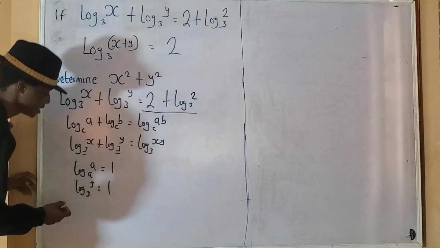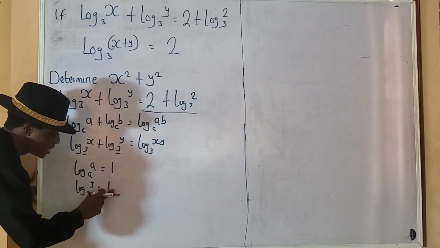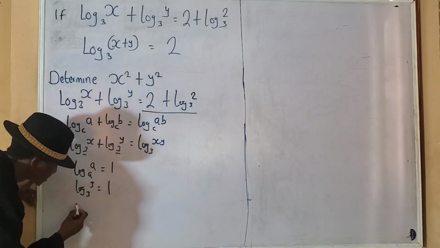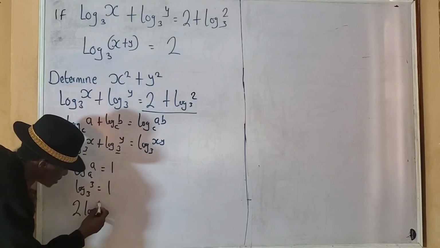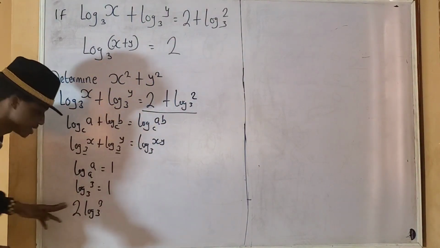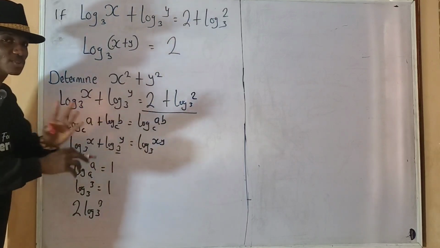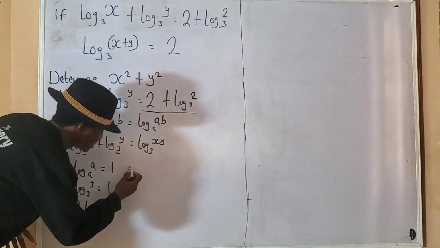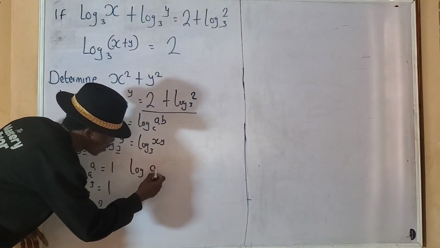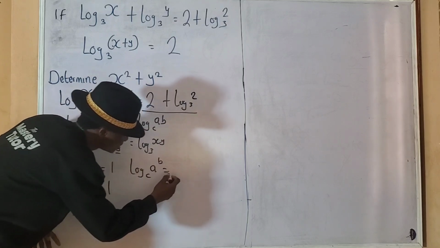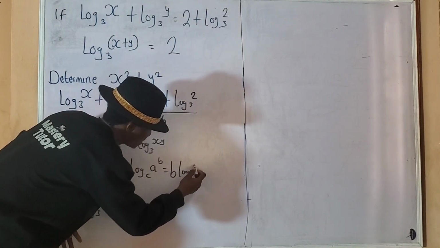So let's do it. Since I know that log 3 base 3 equals 1, I can say that 2 multiplied by log 3 base 3, what is it? Log 3 base 3 is 1, 2 times 1 is 2. You can see that I've not done anything. Now, there is a law that says the log of a power is the product of the power and the log.